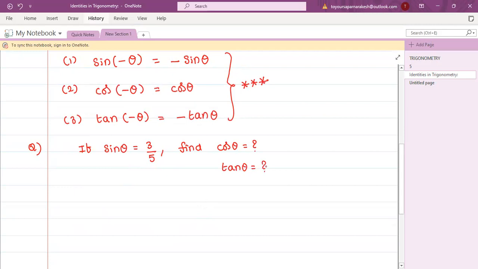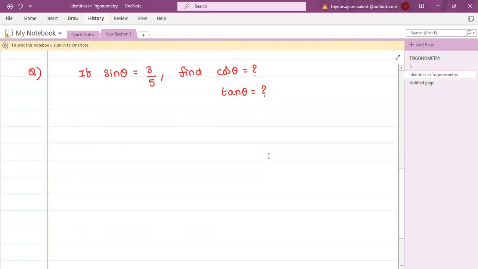Now see the solution. In the question, sine theta is given as 3 upon 5. Sine theta means length of the opposite side upon length of the hypotenuse.